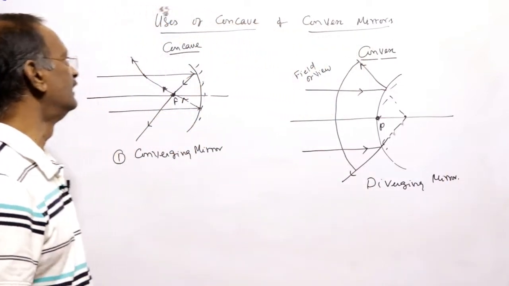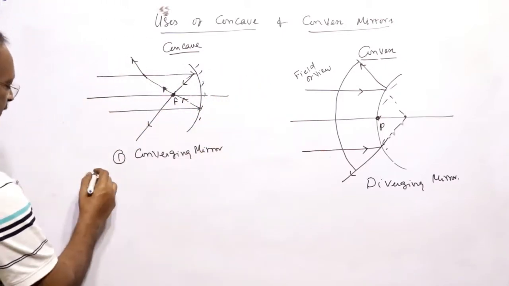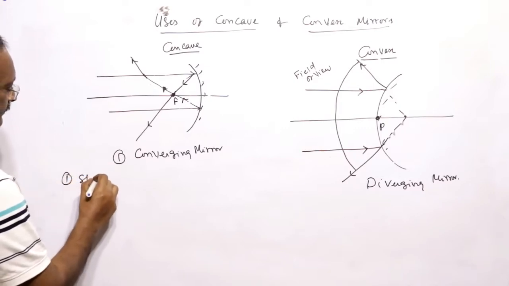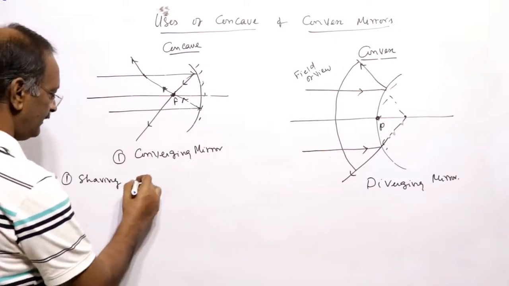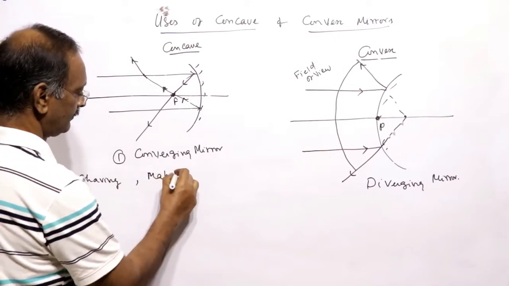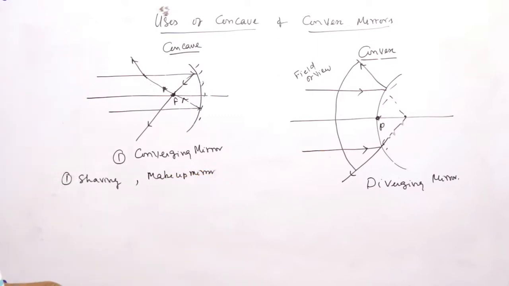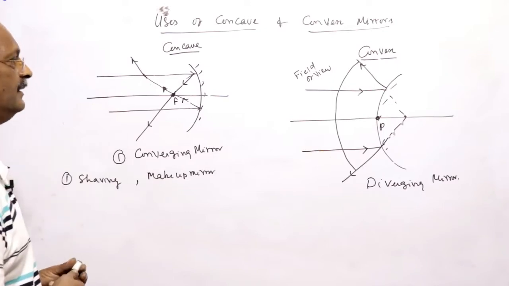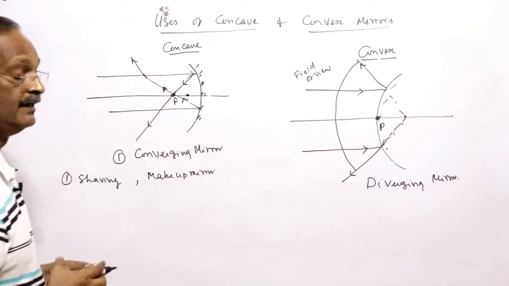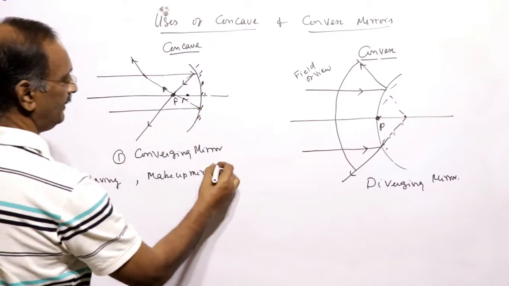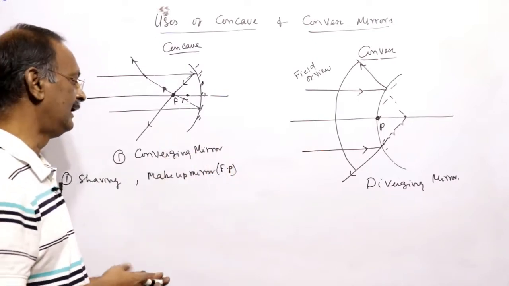See, the uses of concave mirror first: it is used for shaving purposes and as a makeup mirror, because it forms a magnified image when the object is kept closer to the mirror, that is between F, the focal point, and the pole of the mirror.